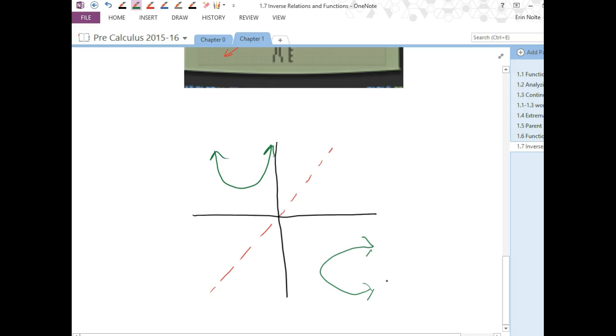Okay, so this is actually a very good reflection. This is exactly what this would reflect to. So if this point right here, let's just say this point was -2, 3, pretend. -2, 3. Okay, this point right here would become what? 3, -2. You just switch the values, right?